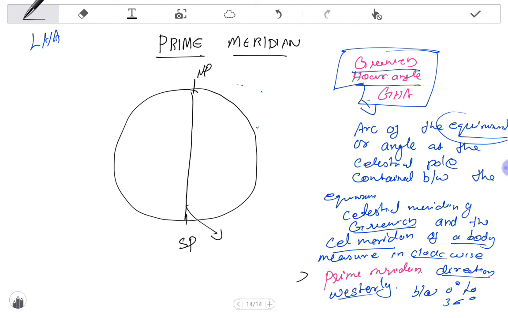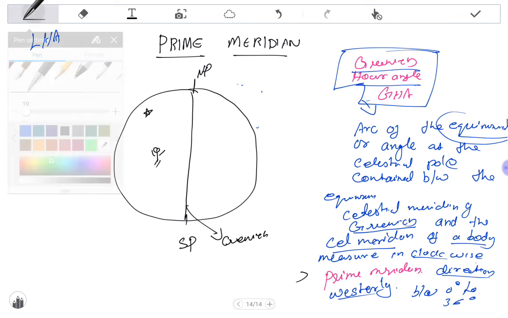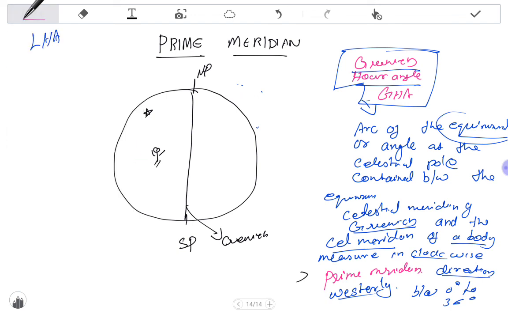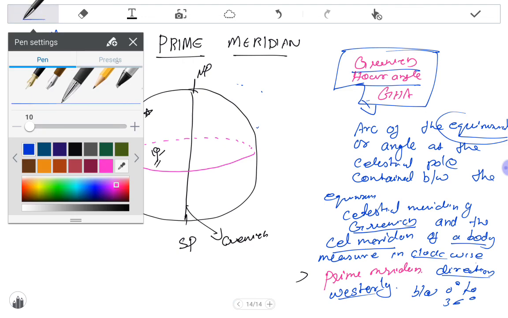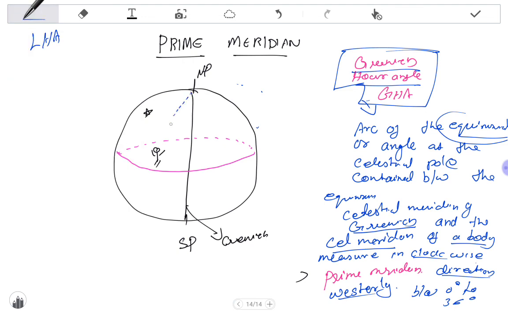So this is our Greenwich meridian, or 0 degree longitude. This is a celestial object, and you are an observer standing here like this. This is our equinoctial, and this is the meridian passing through you.